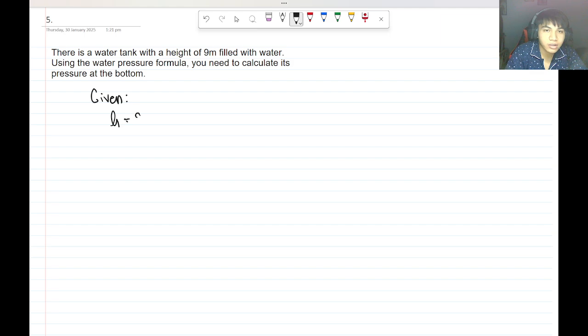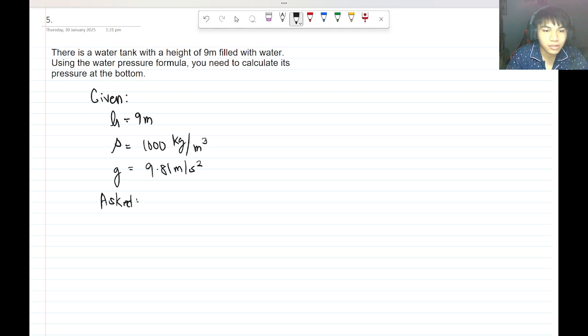We have a height, 9 meters. And we know that the density of water is 1000 kilograms per cubic meter. And g is 9.81 meters per second squared. We're asked to find the pressure at the bottom.